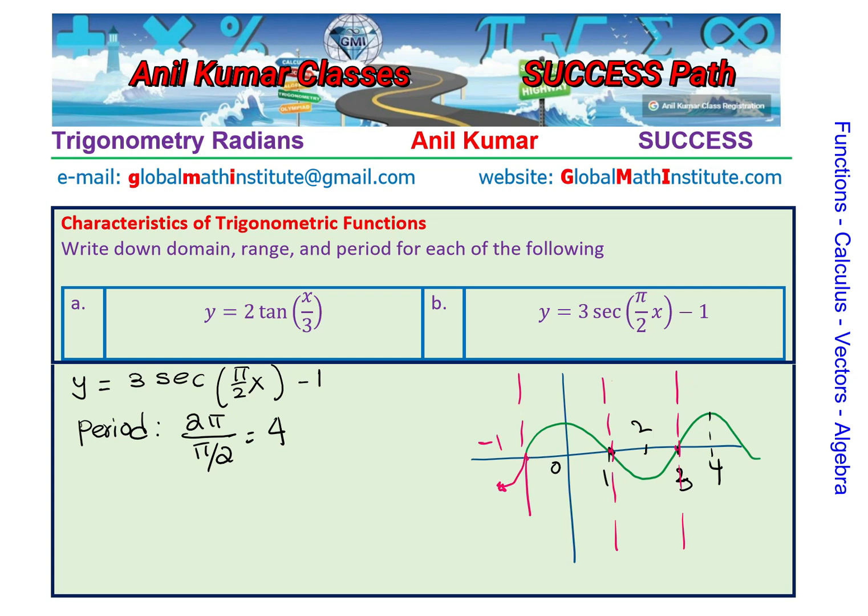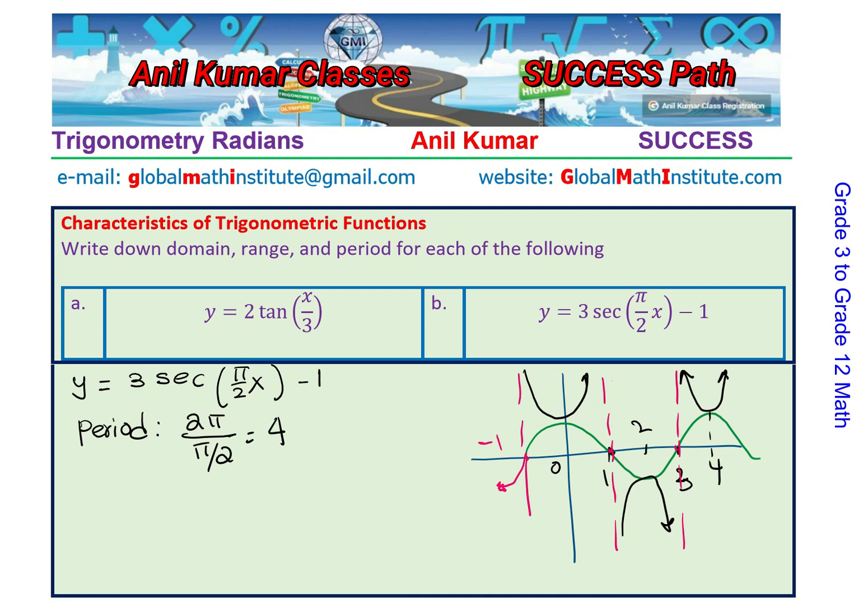So basically, the secant function will be kind of like this. As far as the asymptotes are concerned, there'll be one at 1 and 3.